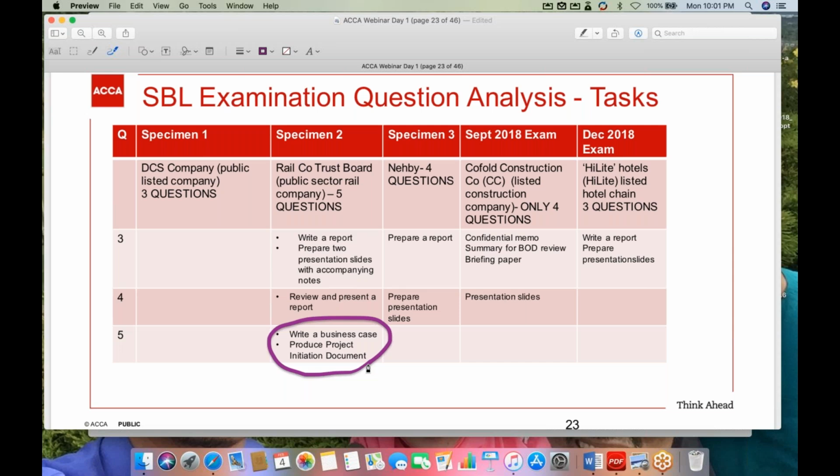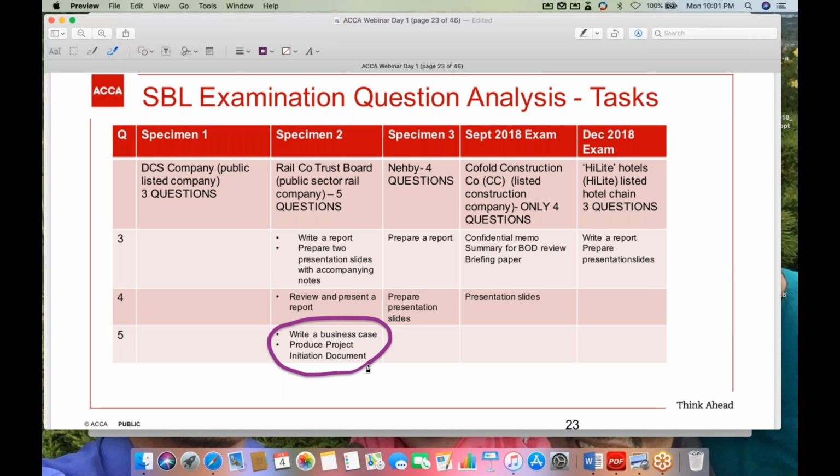And then definitely, once you get that approved, you can justify to the stakeholders, you'll be producing the project initiation document. All right. So you need to know the format for this. Basically, this one is slightly different from the rest.